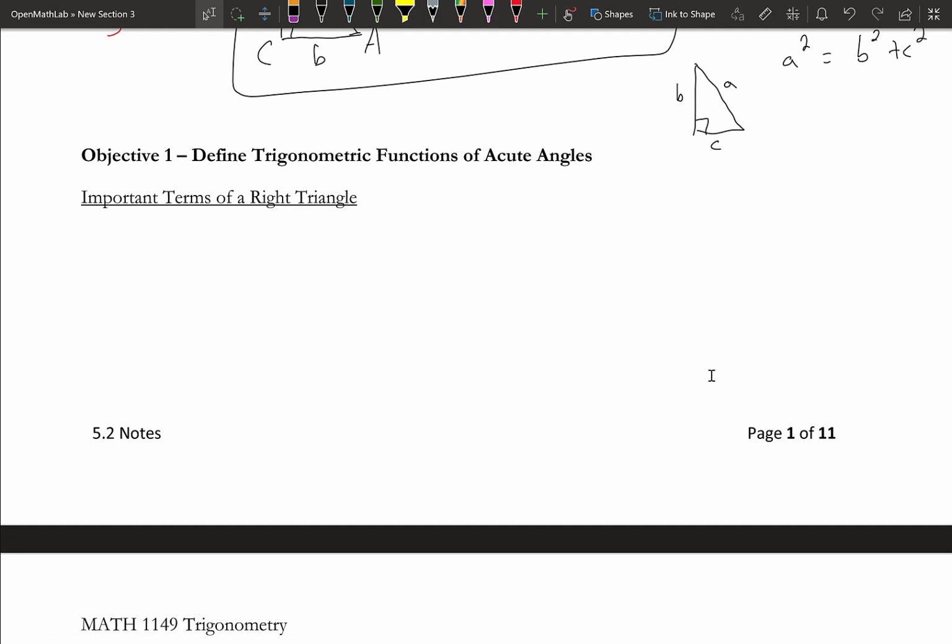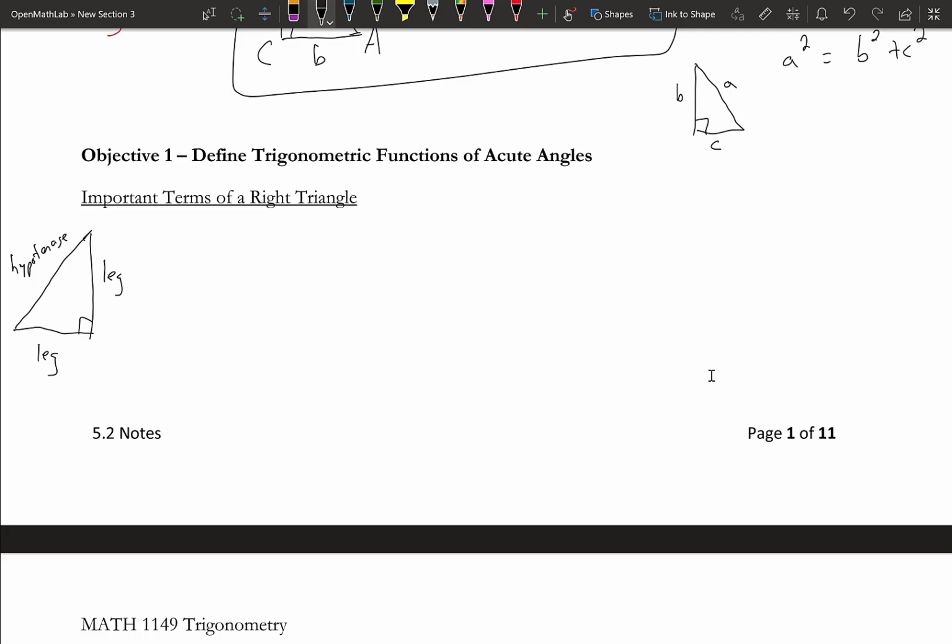All right, so now we want to look at some important terms of a right triangle. We looked at some already. If I have a right triangle, the longest side that's across from the 90-degree angle is called the hypotenuse. The other two sides, the ones that touch the 90-degree angle, are referred to as legs.